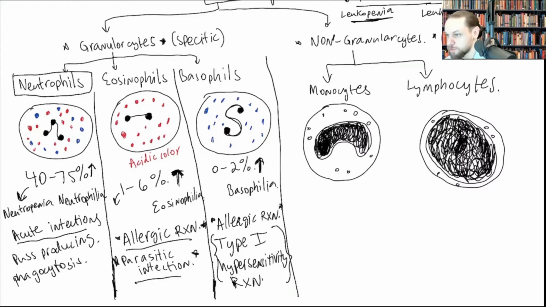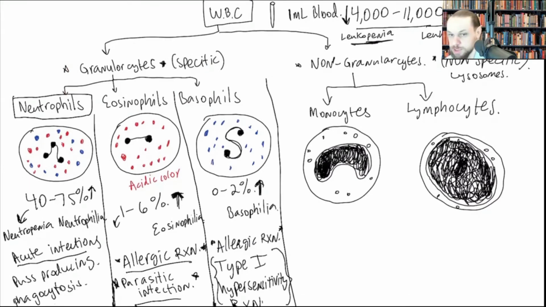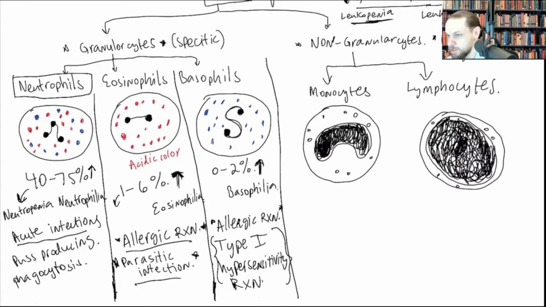Now, monocytes, we're going to go to non-granulocytes, but as we said, they still have non-specific granules or lysosomes. The TLC count for them is about 2 to 10% for your normal person. And usually, when do you see elevations of these?